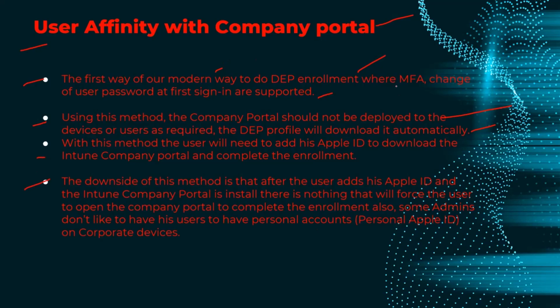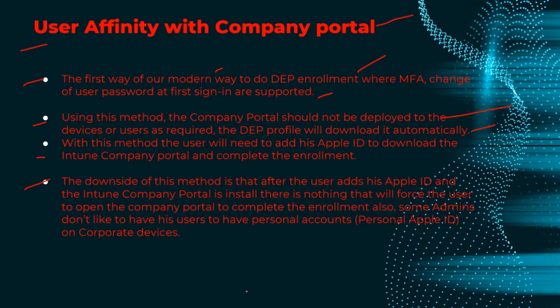However, there is a downside to this method of using user affinity with company portal. The downside is, what if the end user never logs into company portal application? You have chosen user affinity with company portal, which means that company portal is going to come down to the device. But what if the end user never logs into company portal? In that case, the WPJ is not going to happen.